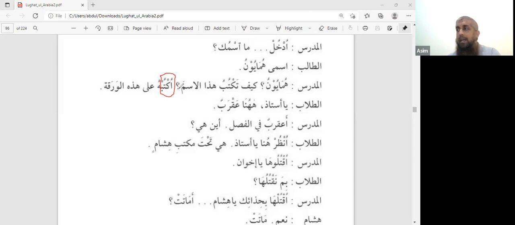If you have the verb kataba, which means to write or he wrote, yaktubu, he writes, then uktub, write, is a command. Then the hu here is the attached pronoun, meaning it, referring to the name. Uktubhu, write it.